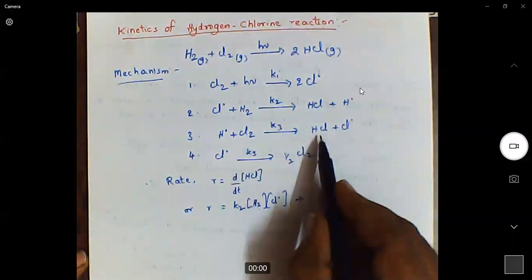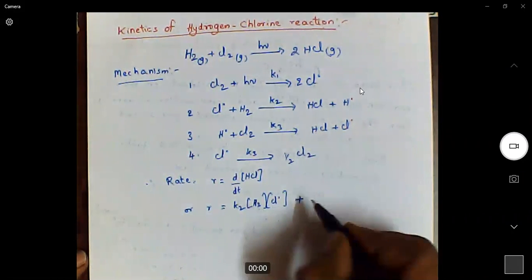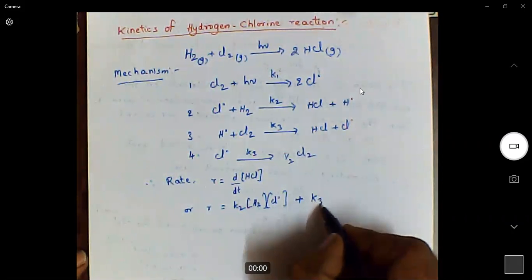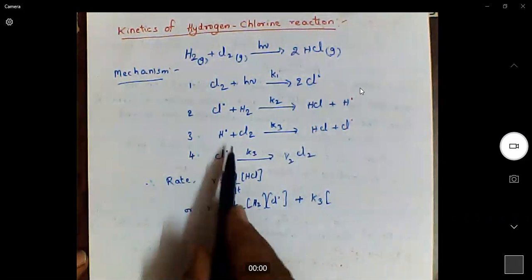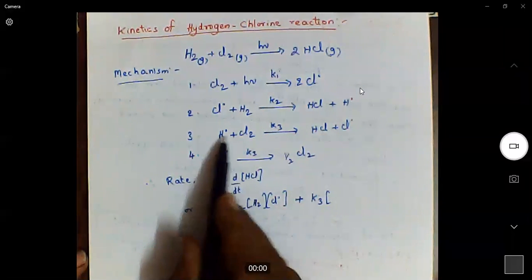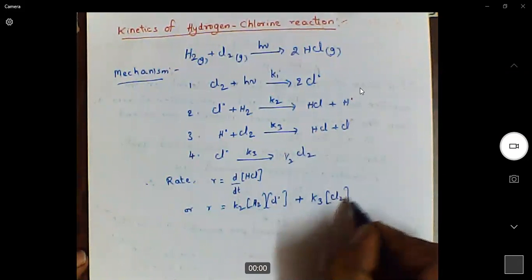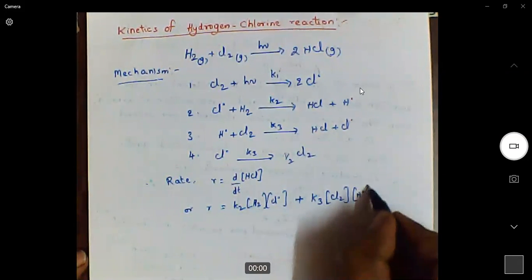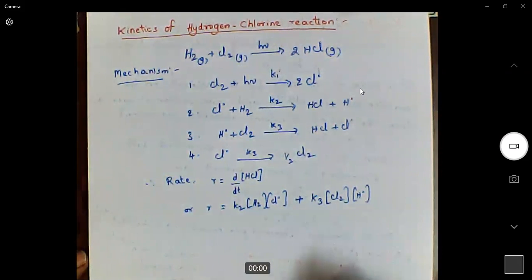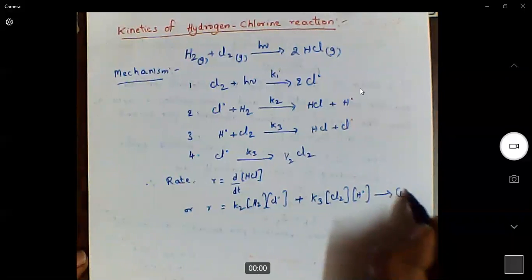In the third step also, HCl is the product. So we write plus K3 multiplied by the product of all the reactants. What are the reactants in the third step? Chlorine gas and hydrogen radical. These two are the reactants. So this is equation 1.